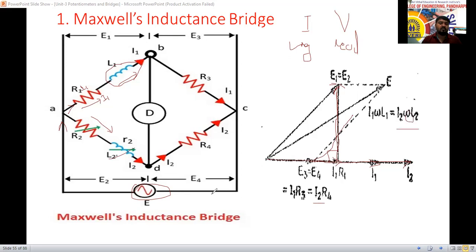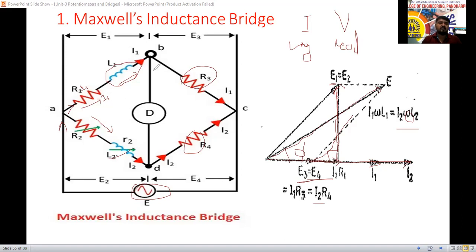Next, R3 and R4 are pure resistances, so the voltage drops across them are in phase, that is E3 and E4 as we have written here. The net voltage is E, which has some angle phi. This is the phasor diagram formation.